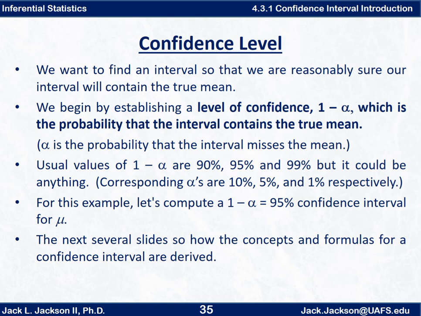And of course the corresponding alphas are 10%, 5%, and 1% respectively. So let's go forward here for a minute, and let's assume that we want to be 95% confident that our interval is going to contain the true mean mu. So 1 minus alpha is 95%, or 0.95. Over the next several steps, we're going to see how to develop and derive a confidence interval.